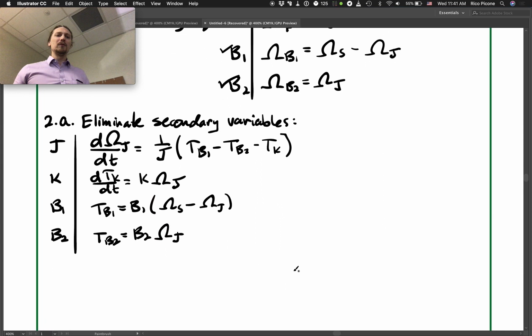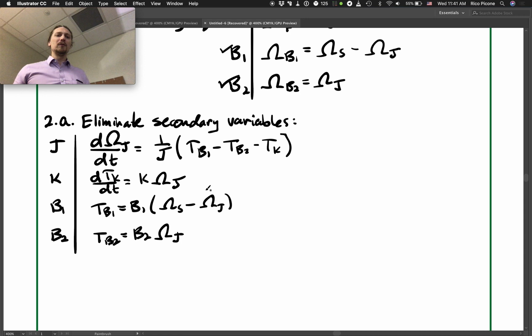So now we're down to 4 equations and 4 unknowns. We have to get rid of 2 variables. Which 2 variables do we need to get rid of? TB1 and TB2, yeah? Because omega J and TK are the state variables, so we don't want to get rid of them. And omega S is the input variable.